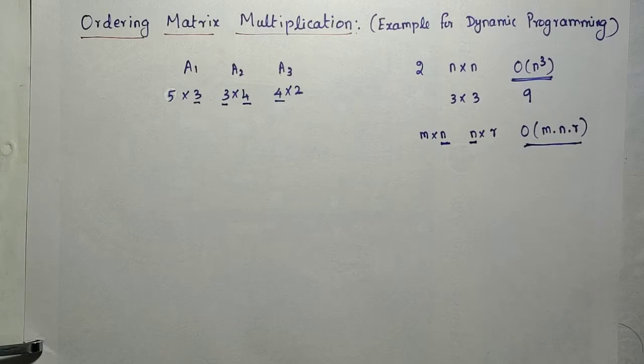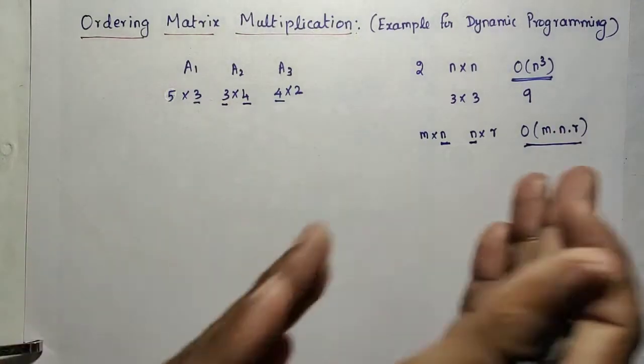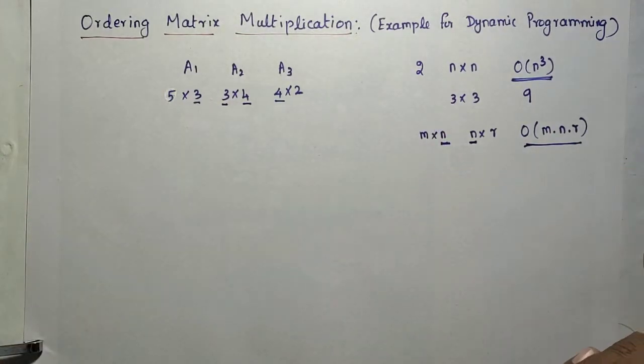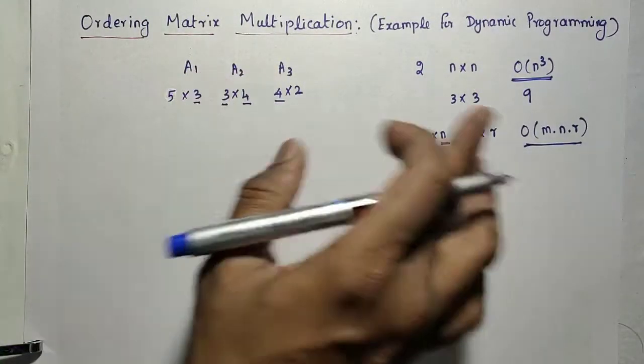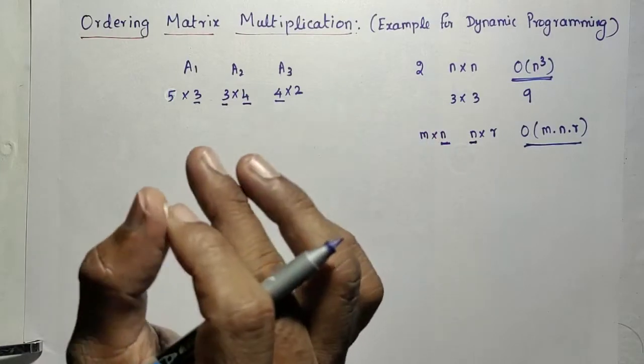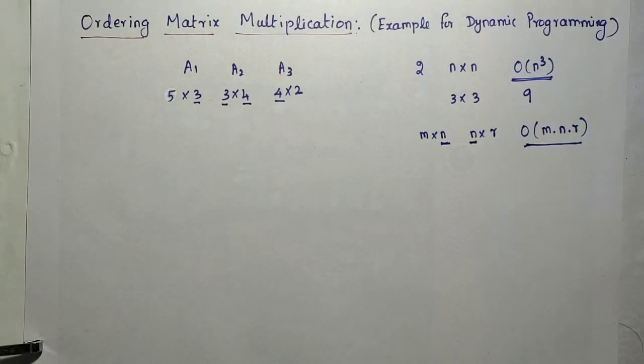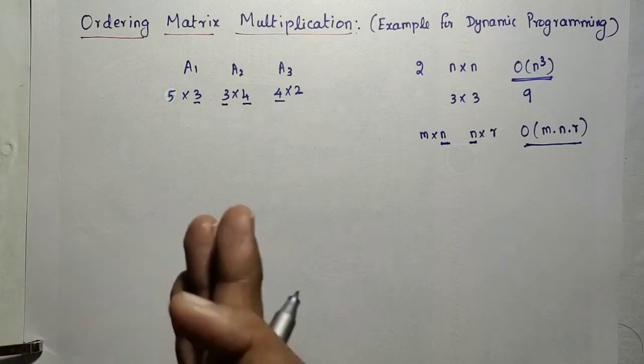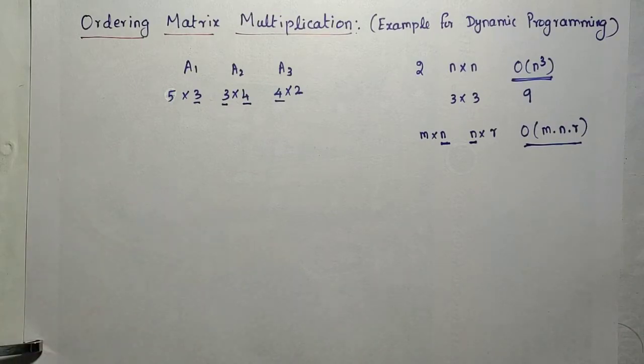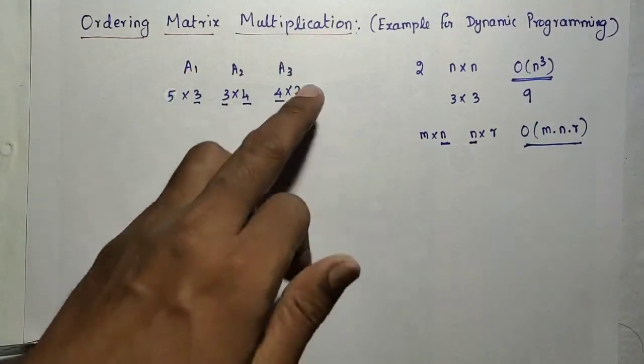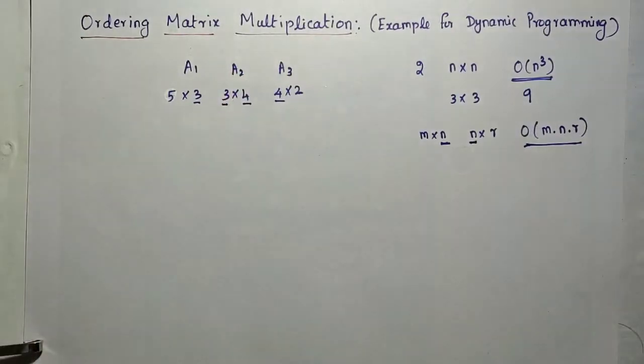Understood now? Why have we discussed this complexity? Suppose we have A1, A2, A3. We are not going to change the order of the matrix positions. A2, A1, A3 or A3, A1, A2, like that we are not going to change. The same order only, we have to obtain the result. If we change that order, we cannot do the multiplication.